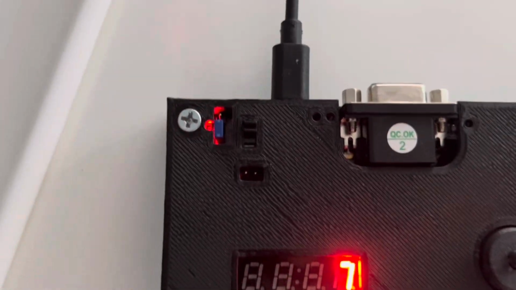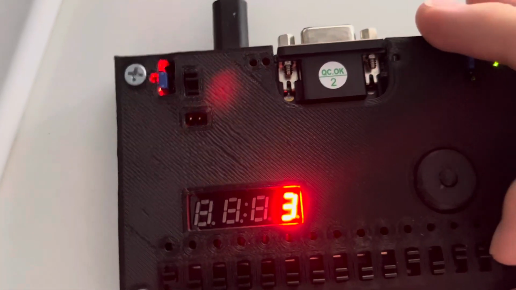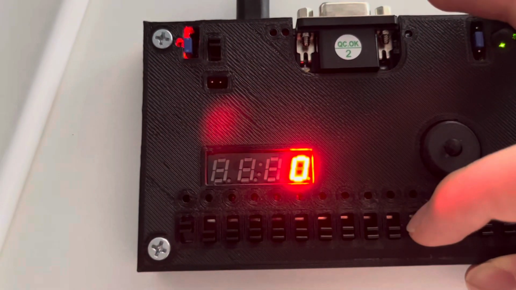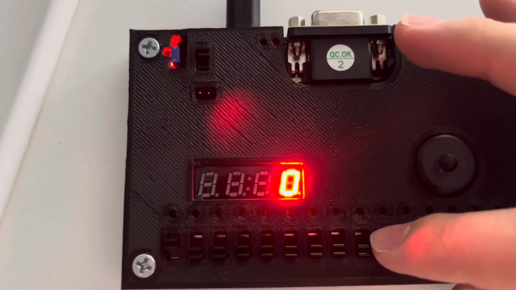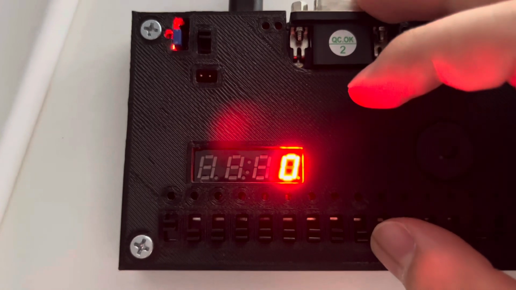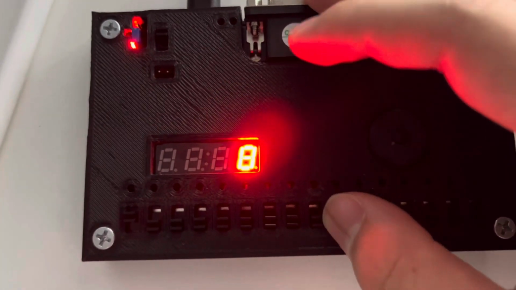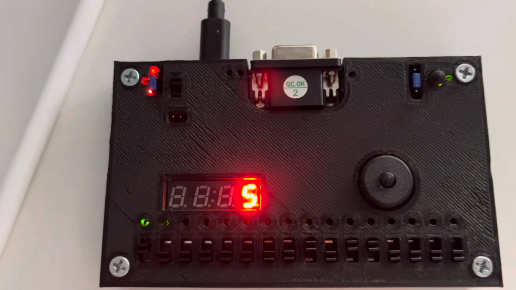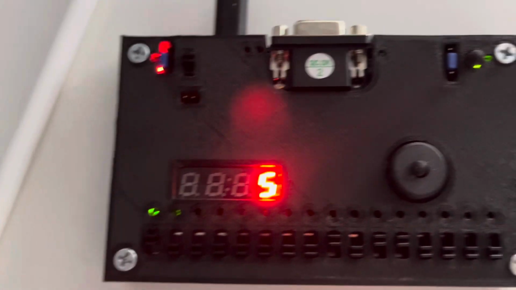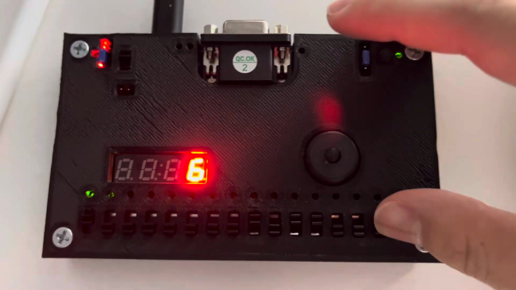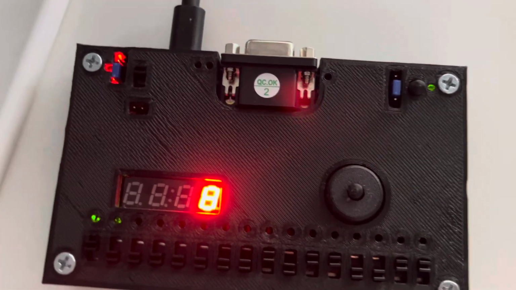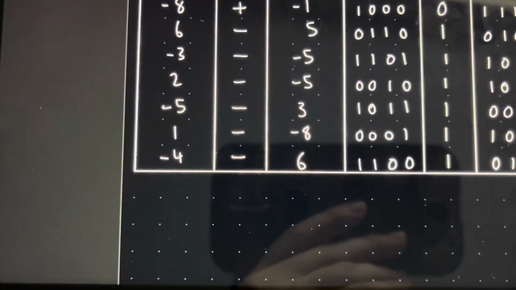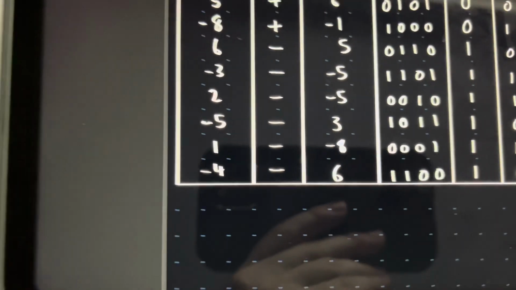So hopefully it's going to output negative 8. Negative 5 is 1, 0, 1, 1, and minus 3, which would equal 8. Well, negative 8, because that thing's on. Makes sense.